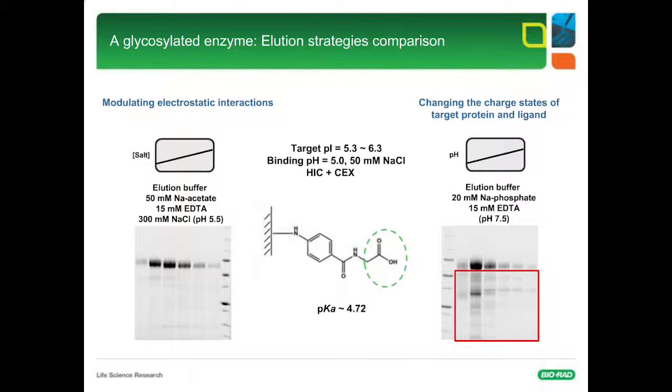On the other hand, if we keep the pH constant on the left-hand side at pH around 5, but we raise the concentration of sodium chloride in the buffer, in this case, you see we selectively eluted just the target molecule, giving you a much better separation. So it's important to look into both effects in order to achieve a satisfactory separation of your target molecule from the impurities.